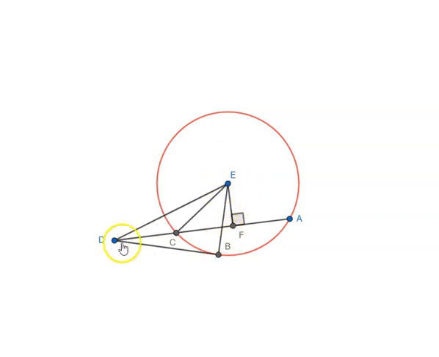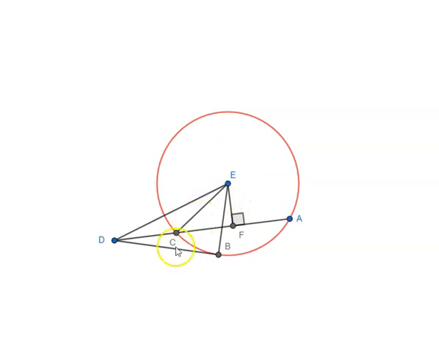Now remember, we have a right angle triangle here, DEF, and CEF is also a right angle triangle. So we know FD square plus EF square is equal to DE square, and CF square plus EF square is equal to CE square.